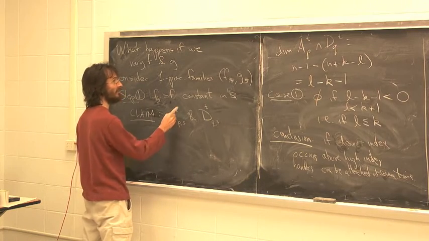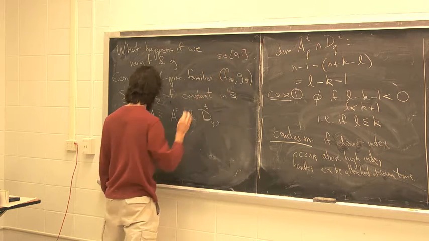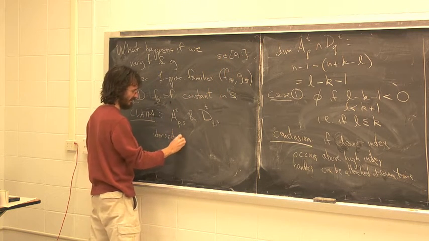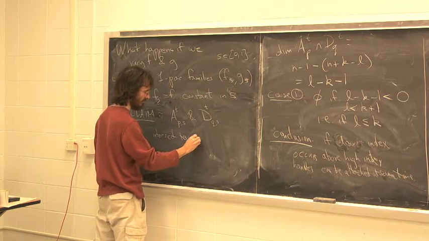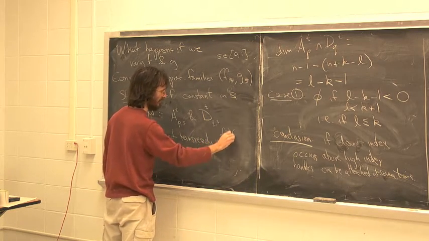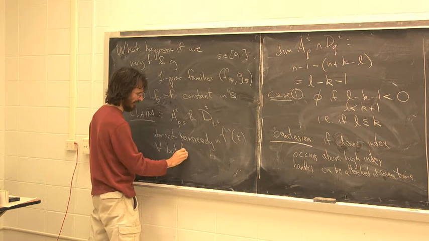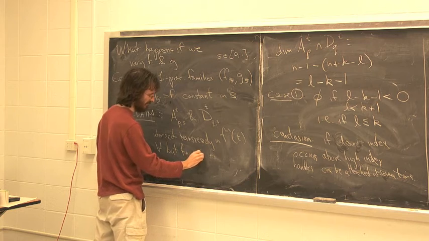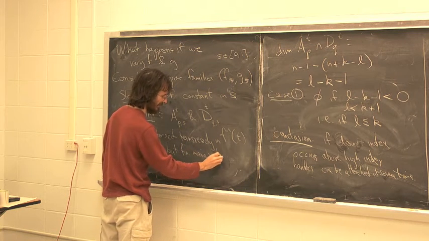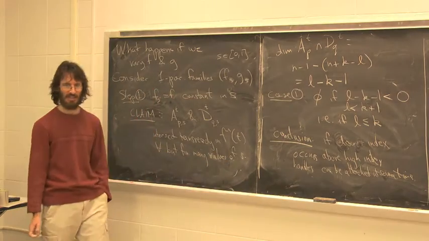So I want to consider now S goes between 0 and 1. The claim is that these intersect transversely in F inverse of t for all but finitely many values of s, and I want to tell you what happens at those finitely many values of s.